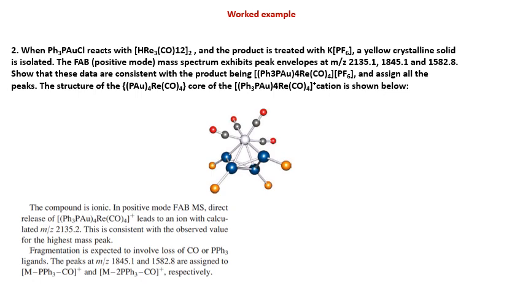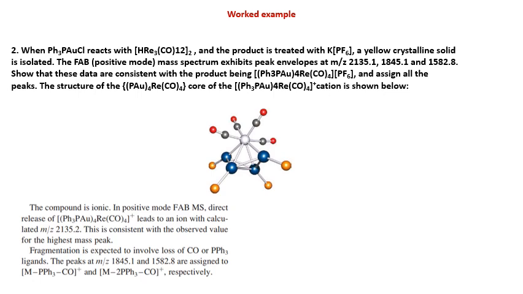And the 1582 peak corresponds to the cleavage of two PPh3 groups and one carbonyl. So it can be written as shown over here: M minus PPh3 minus CO, overall positively charged, for this 1845 value, and M minus 2 PPh3 minus CO, this ion corresponds to the 1582.8 m/z value.